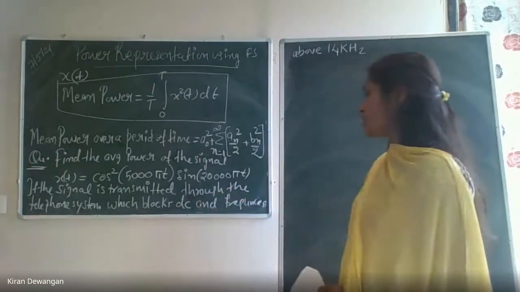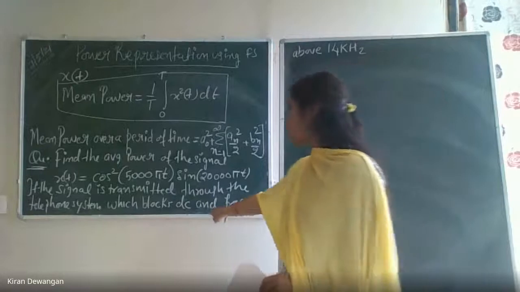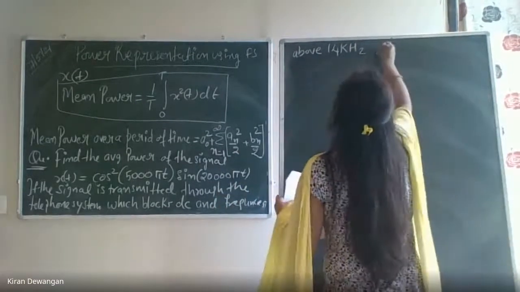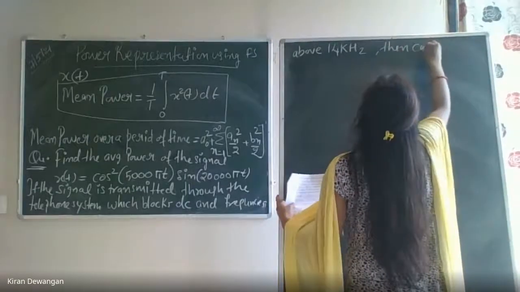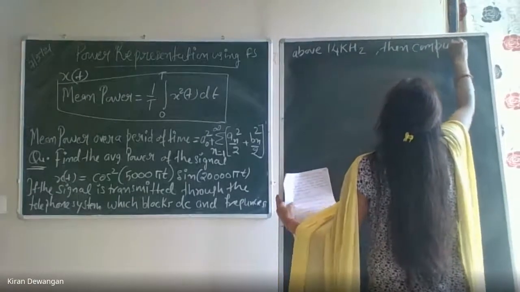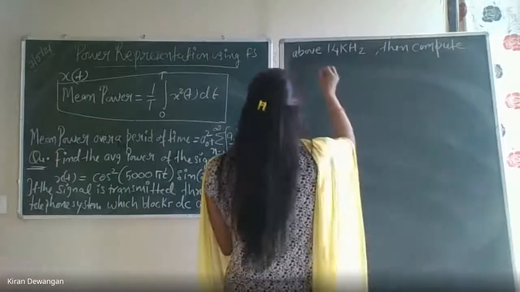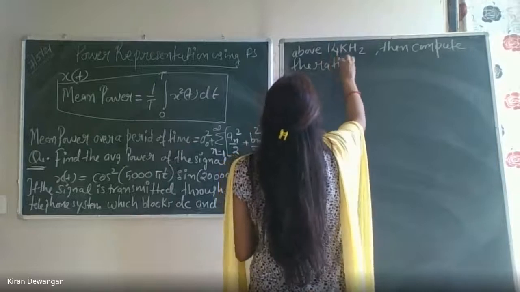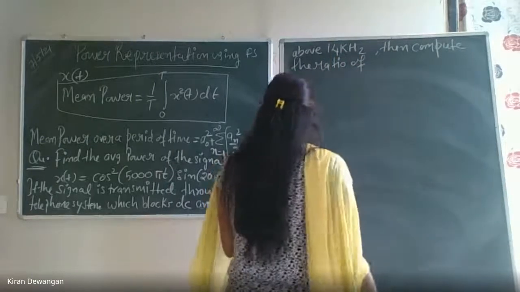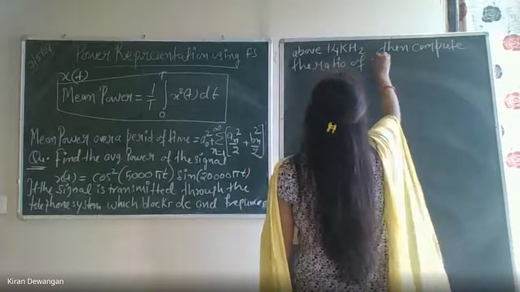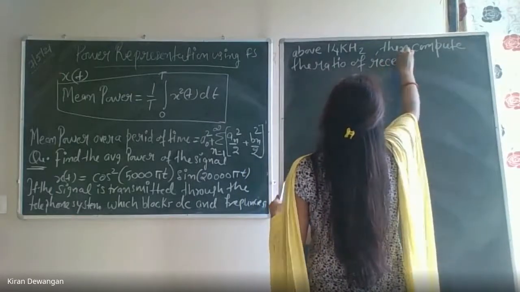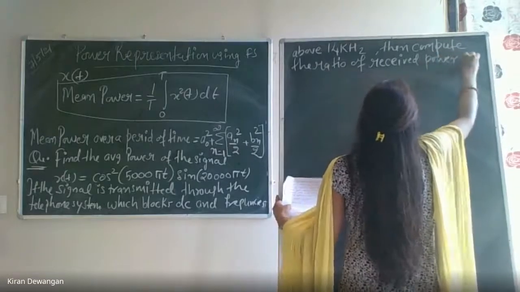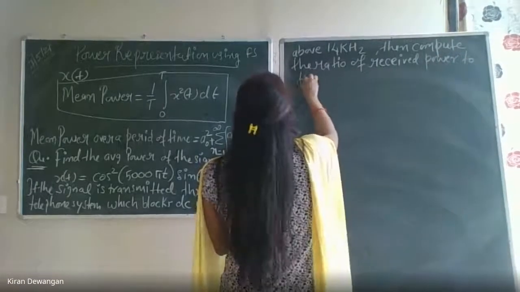If the signal is transmitted through the telephone system which blocks DC and frequencies above 14 kHz, then compute the ratio of received power to transmitted power.